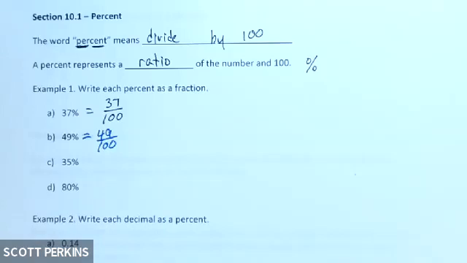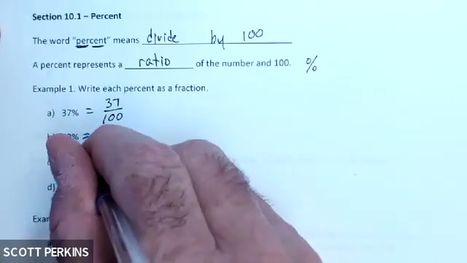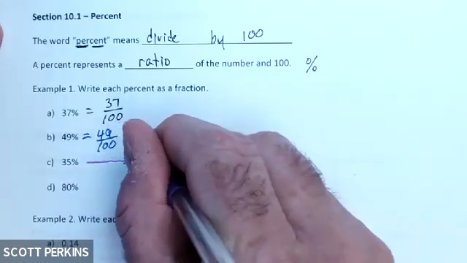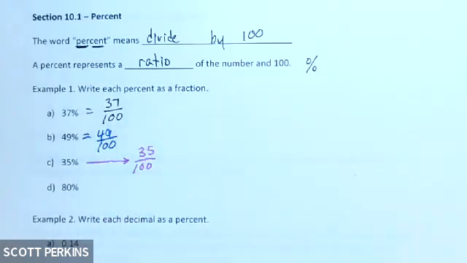So the first step of making 35% into a fraction is no different than what we just did. I'm just going to draw a little arrow just so I don't have to smush it by my other problem. So the first step is it's 35 over 100. Okay, no big deal there. The percent sign literally means you just make the ratio to 100.